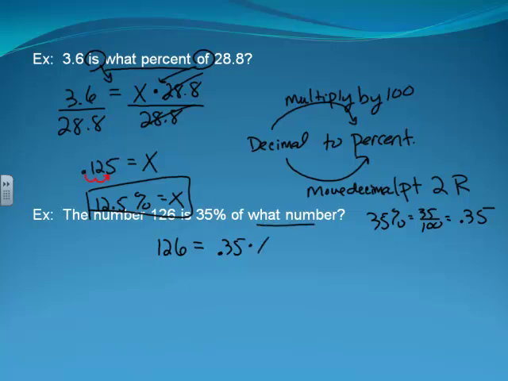What number? That's what we're trying to find. So 0.35x. Trying to solve for x, so we're going to divide both sides by 0.35. That cancels it out on the right-hand side, and we get a solution of x equals 126 divided by 0.35, for an answer of 360.